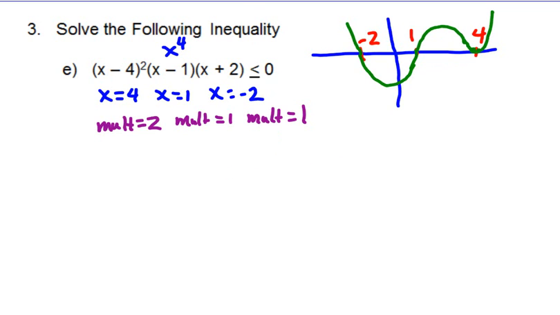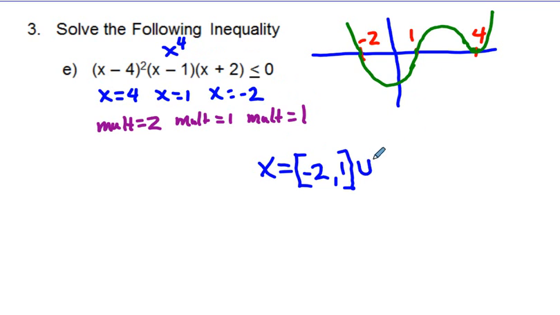So our answer here is going to be x equals, we're going to have our interval from negative 2 to 1, and including, because we have this less than or equal to, and also this value of 4.